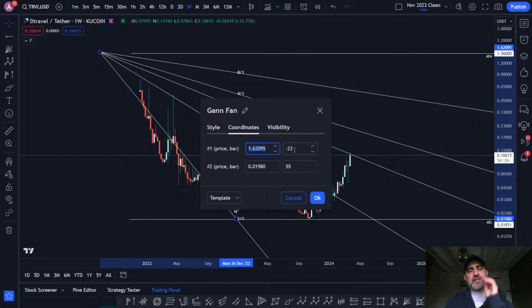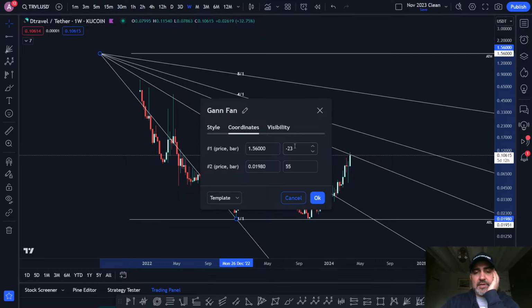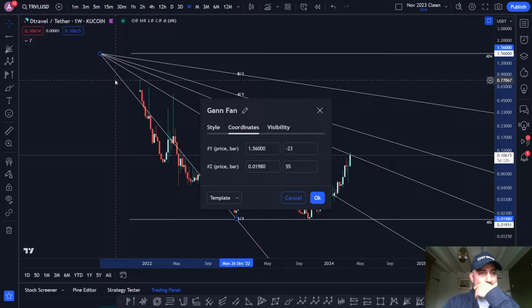You have to do it from when the token launched at the all-time high. The all-time high would be 1.56 and minus 23. It launched on November the 21st. Is it minus 5?